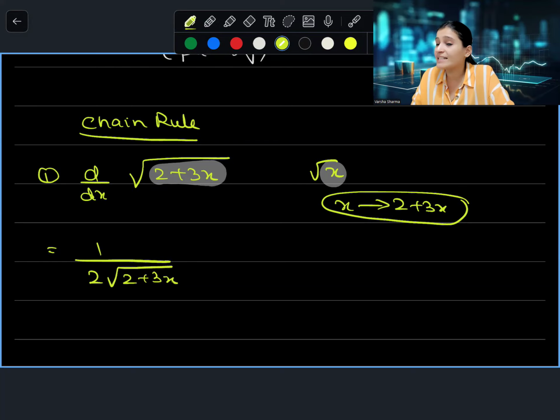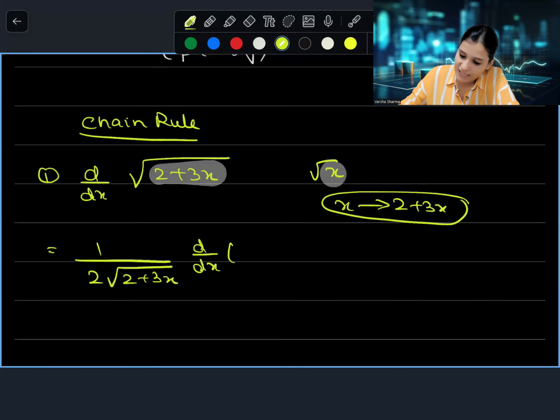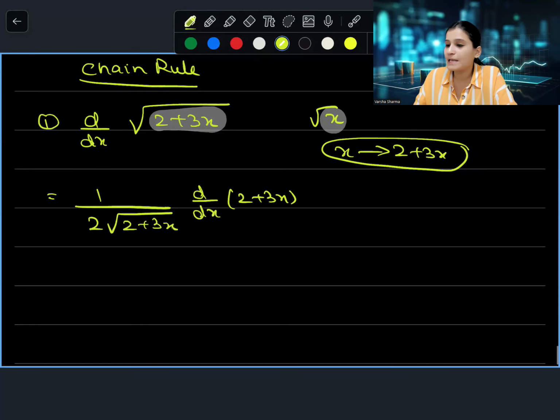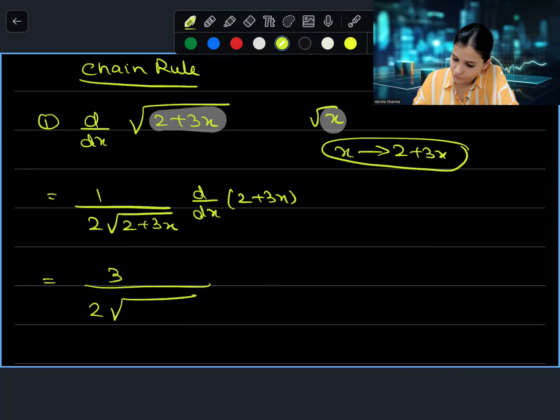What is it replaced with? 2 plus 3x. So you multiply the differentiation of that expression in the numerator, always in the numerator. Once you've applied the normal formula, differentiate that term again. What is the differentiation of 2 plus 3x? 3. So 3 by 2 root over 2 plus 3x.